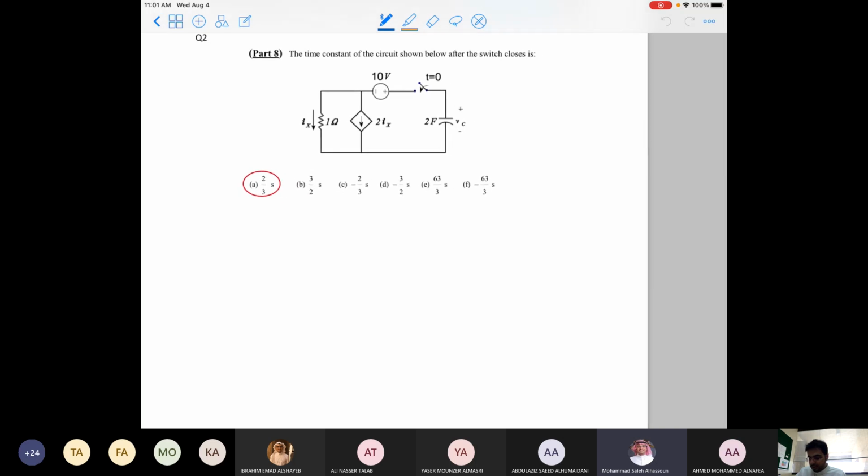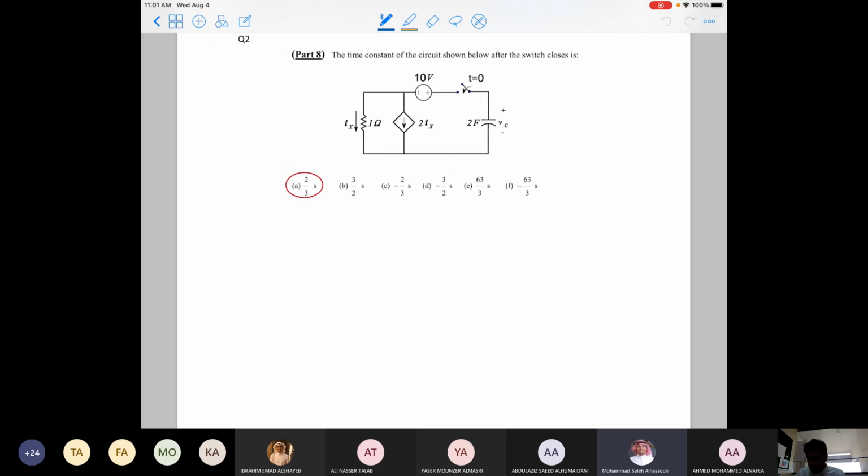Let's try to solve this problem. Here we are asked about the time constant. If you are asked about the time constant, you need to know two things: the equivalent capacitance or equivalent inductance, and the equivalent resistance seen by the capacitor.